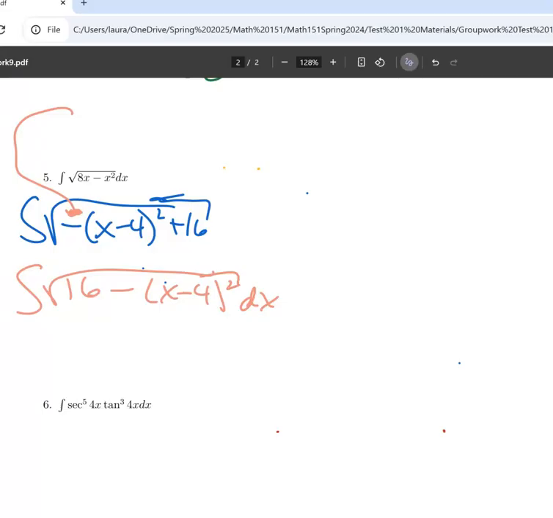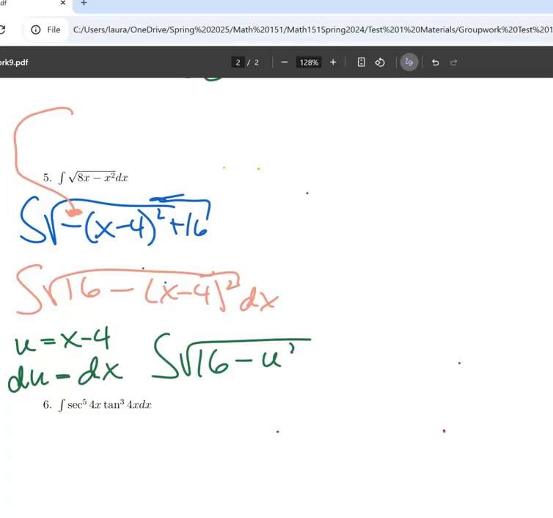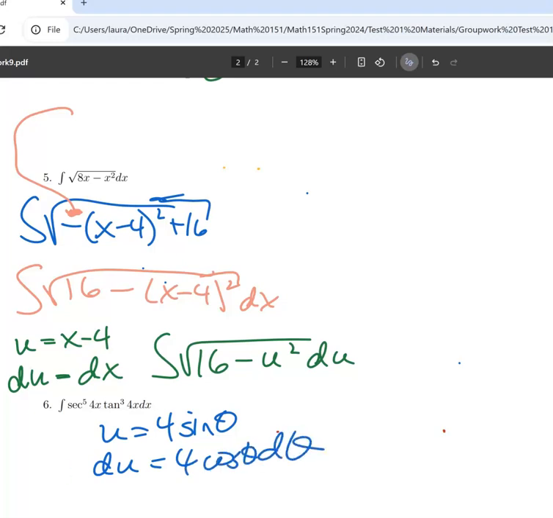So let's see, how about if I say let u equal x minus 4, du is just dx. Okay, so this turns into the square root of 16 minus u squared du. You recognize it. Yes. So you know that this would be u equal 4 sine theta. du is 4 cosine theta d theta.